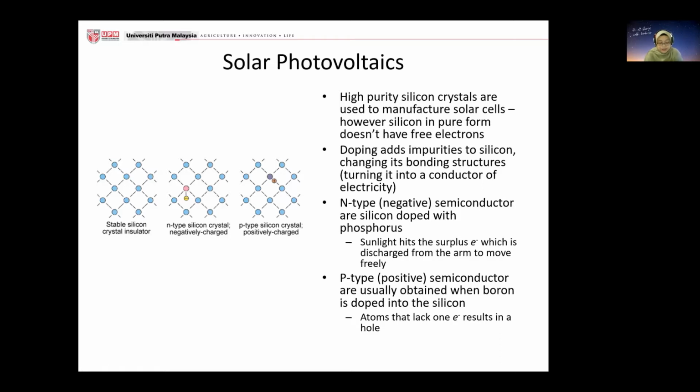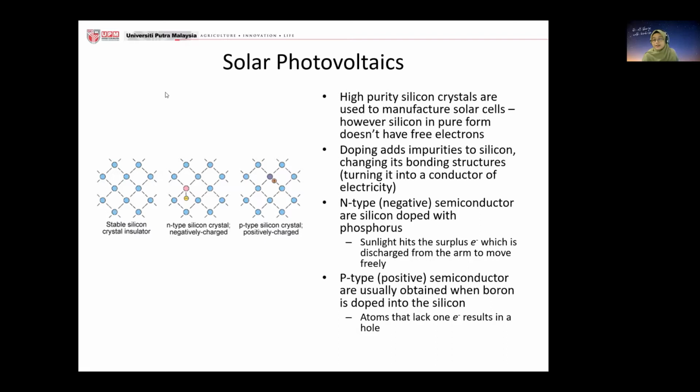If you look at PV, the panels are made from silicon crystals. They need to use high purity silicon crystals because it's one of the requirements to make solar panels. However, silicon in pure form doesn't have any free electrons.